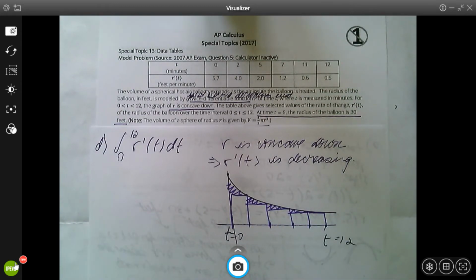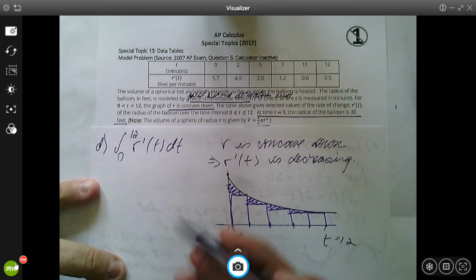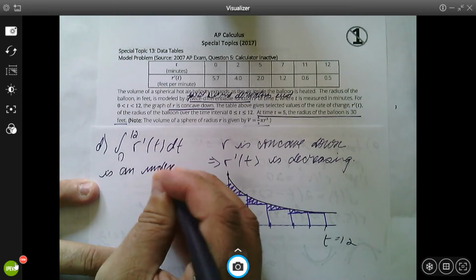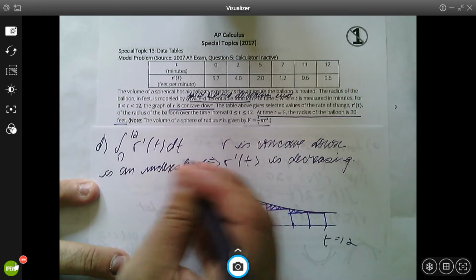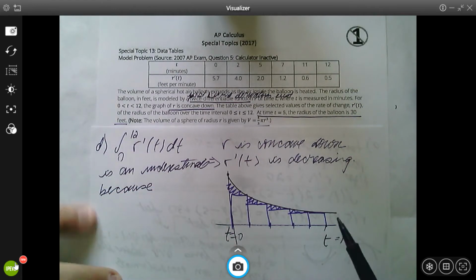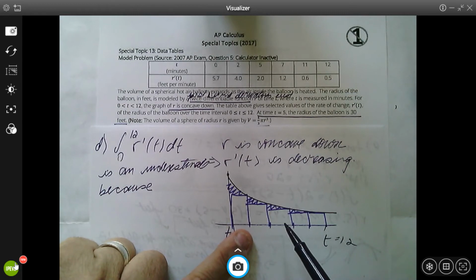So I think you know it now. What kind of an estimate are we going to get? The integral from 0 to 12 of r prime of t dt is an underestimate. Now here's where you've got to be careful. It's your justification. If you say it's an underestimate because the rectangles contain less area, that's not going to be good enough.